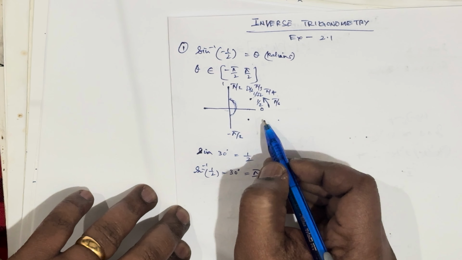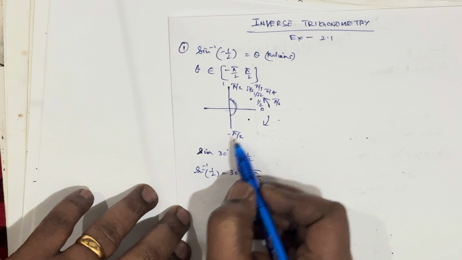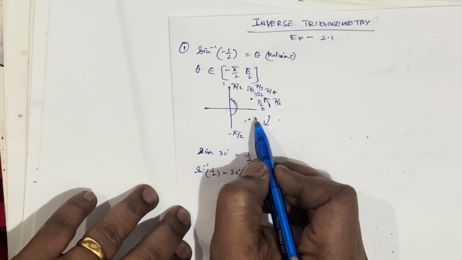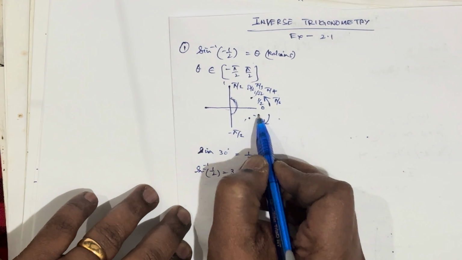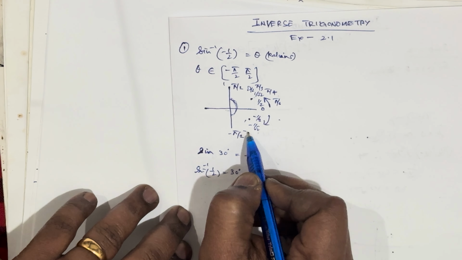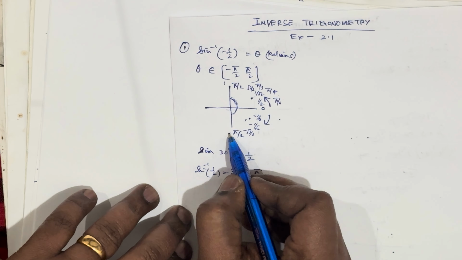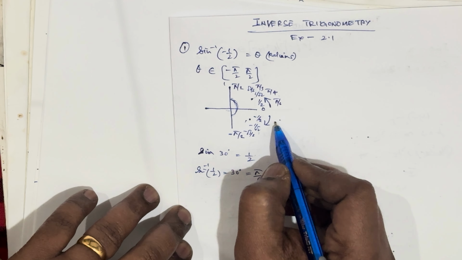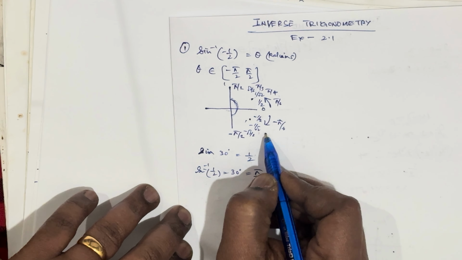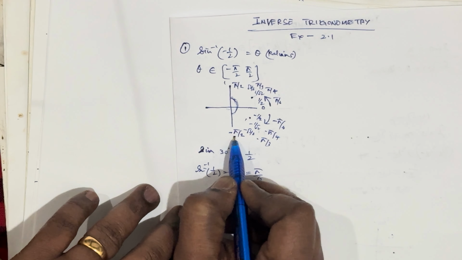Now when we look here, it's in the negative direction. Here all the values will be negative. Sine is negative in the fourth quadrant, so all the values will be negative, like minus 1 by 2, minus 1 by root 2, minus root 3 by 2. Even the angles, since this is minus pi by 2, will be negative: minus pi by 6, minus pi by 4, minus pi by 3, and minus pi by 2.